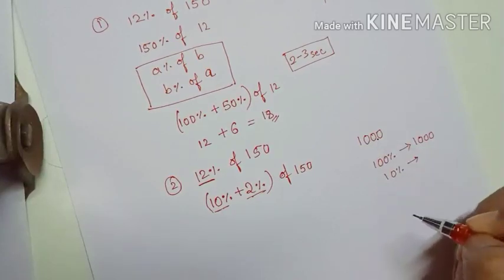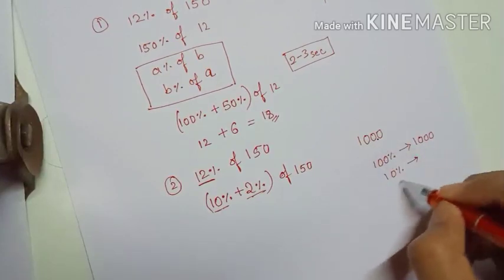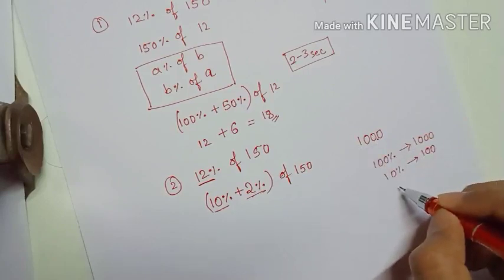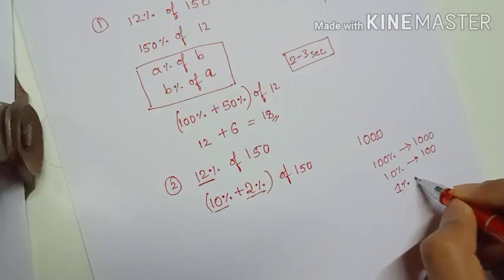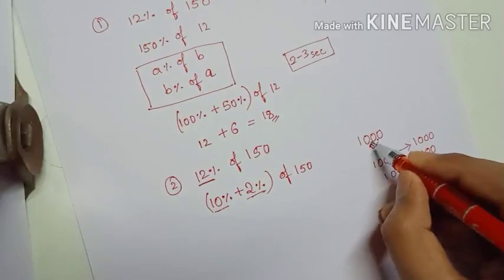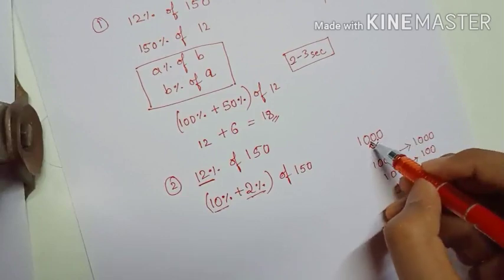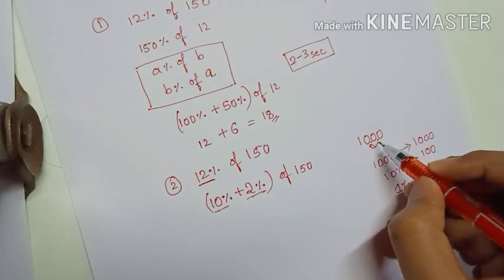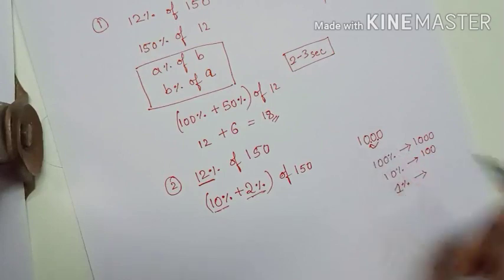That's it. So 10% will be 100. If you want 1%, you again shift the decimal point one more digit towards the left. Here it will be 10.